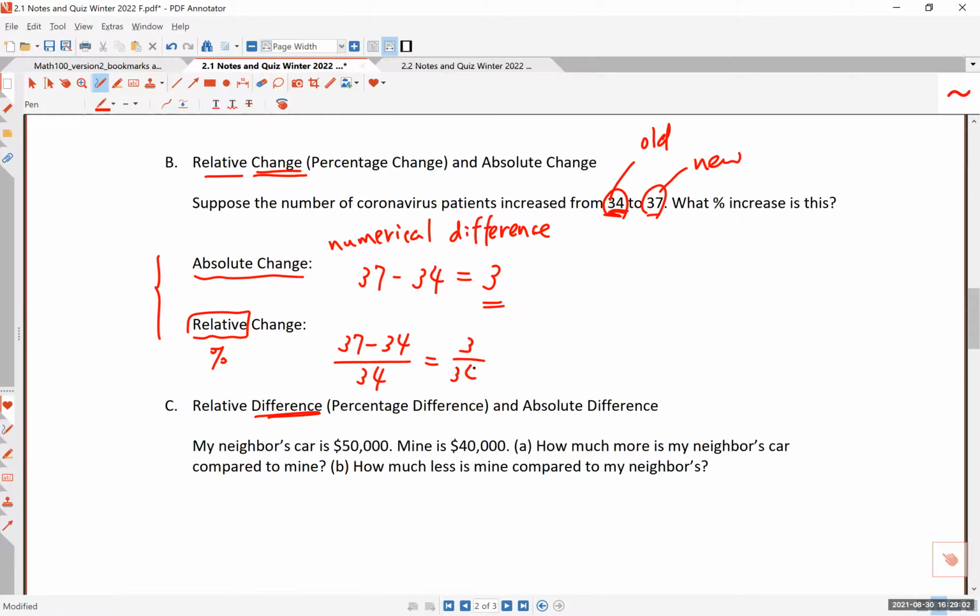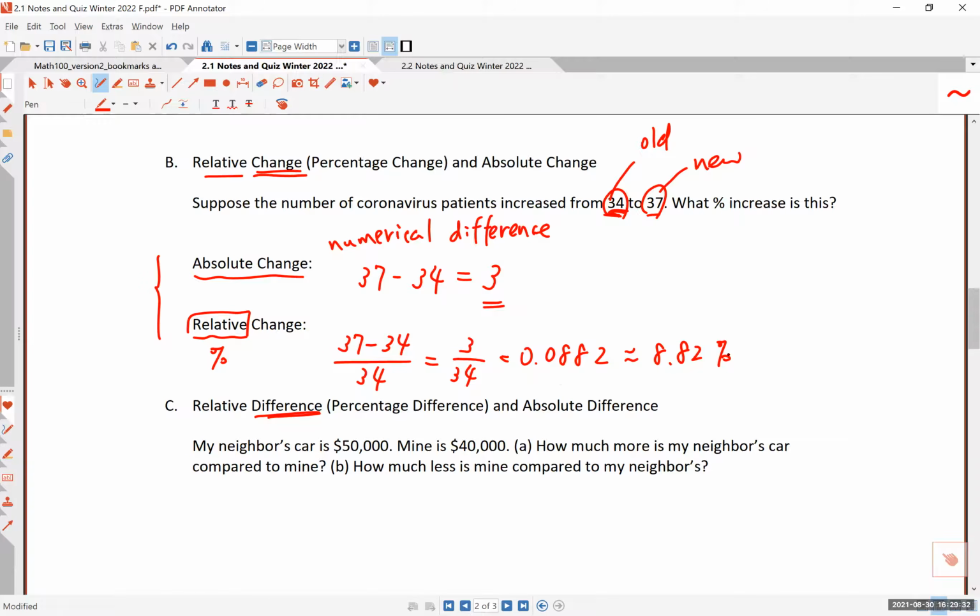When you do this division, 3 divided by 34, you get 0.0882. Make sure you use a calculator. Using my method of moving the decimal point 2 places to the right, this is 8.82%. So you can say that the number of coronavirus patients increased from 34 to 37, which represents an 8.8% increase.